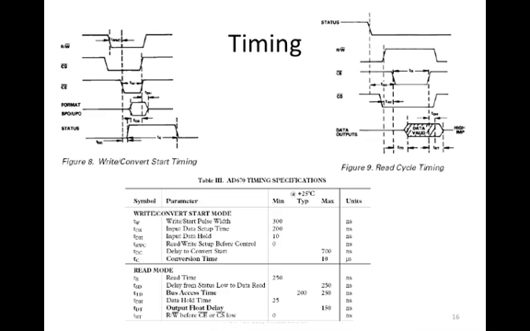Not necessarily on this TDC, but most importantly, you want to know, for example, the delay from status low to data read. You have to make sure that you have enough delay before you read the data, because if you read too quickly, the data will not show up on the data bus.